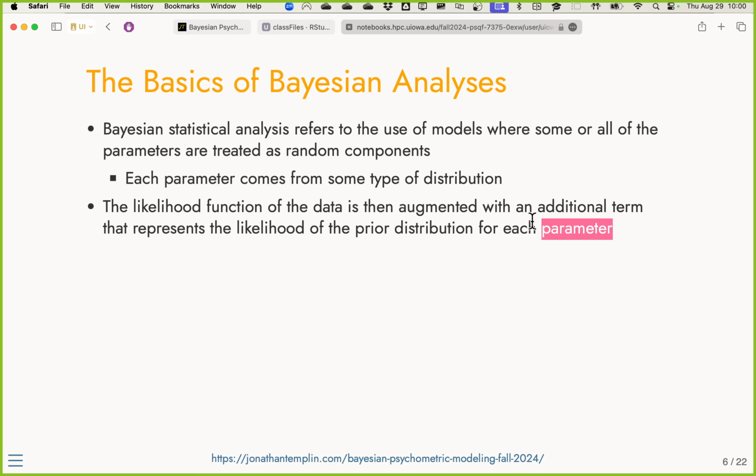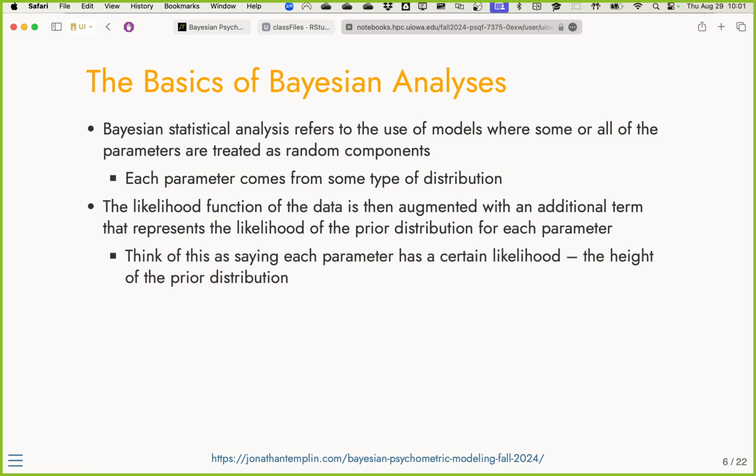So when you think about prior distributions, what we're really specifying is parameters that are much more likely to be included in our analysis as we go forward. So this is like saying each parameter has a certain likelihood. Likelihood is a term that we use in statistics. We usually have a likelihood function. For us, likelihood will also be synonymous with height.